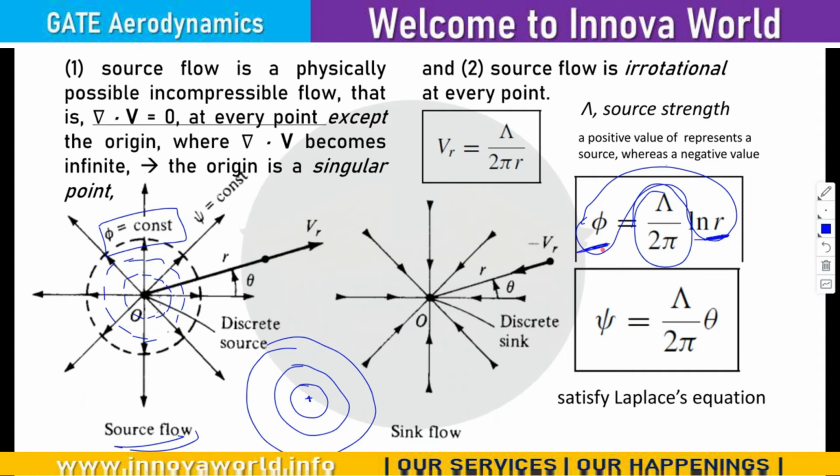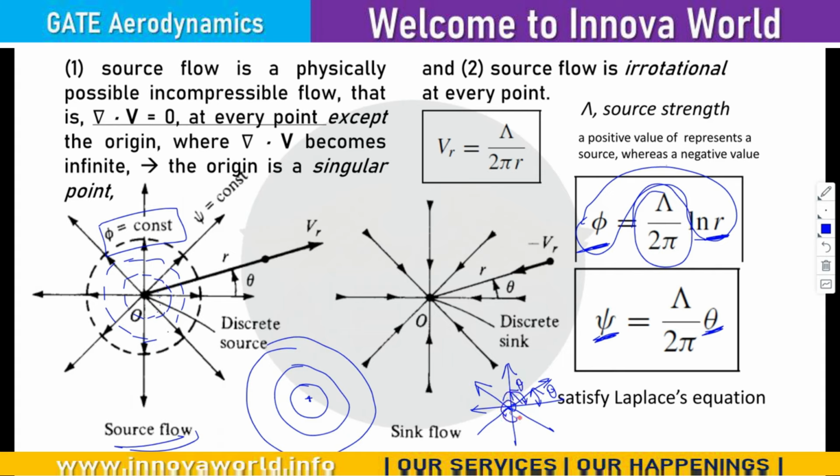Phi means velocity potential. Now in the stream function, which is in terms of theta, that means some angle, it represents the stream function. When we are given a figure with the same origin and lines expelling out, the angle from here to here is theta, and here to here is another theta, starting from here and gradually going.